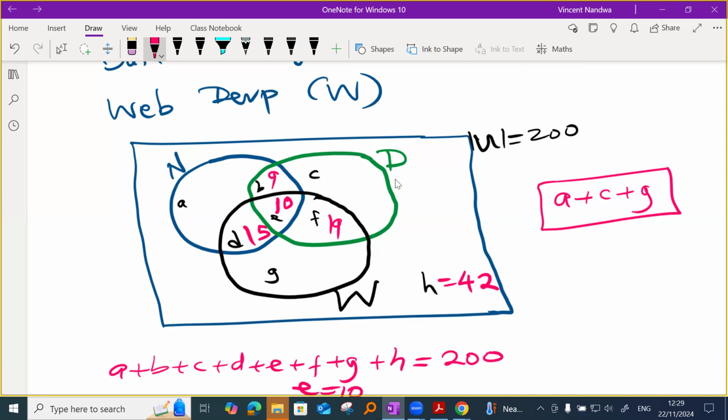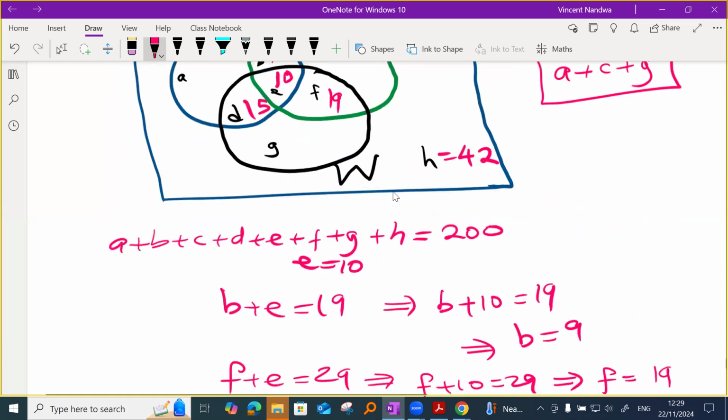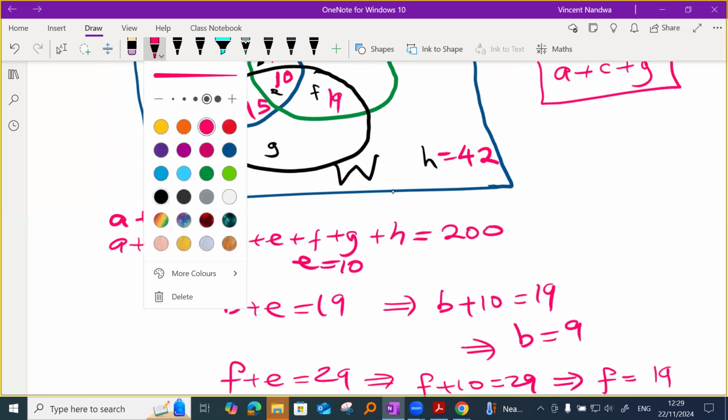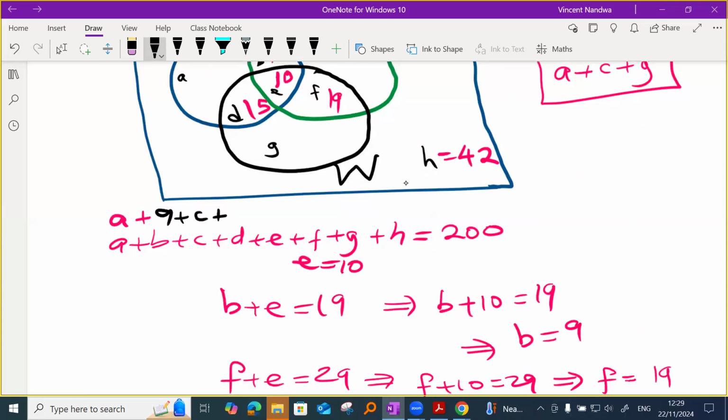So A, which is unknown, plus B, 9, plus C, plus D, 15, plus E, 10, plus F, 19, plus G, which is unknown, plus H, 42, equals 200.